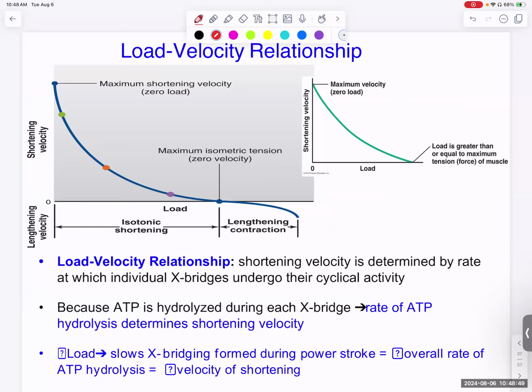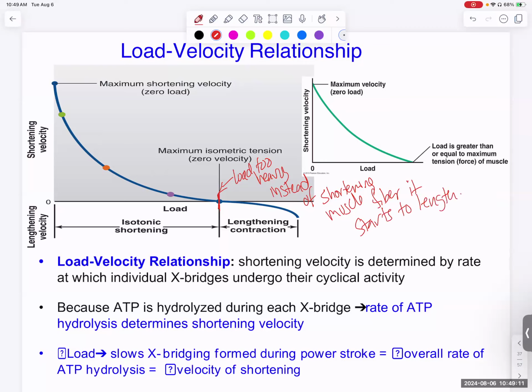Because at some point, if the load gets too big, instead of shortening, the muscle starts to lengthen because the load is too heavy.